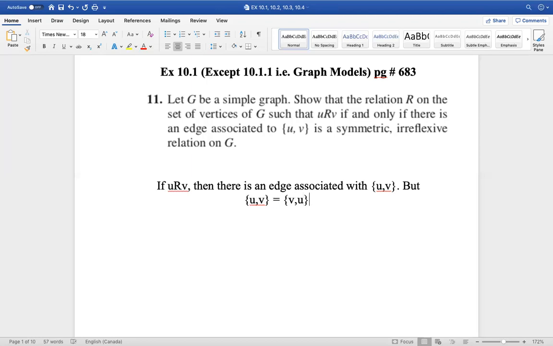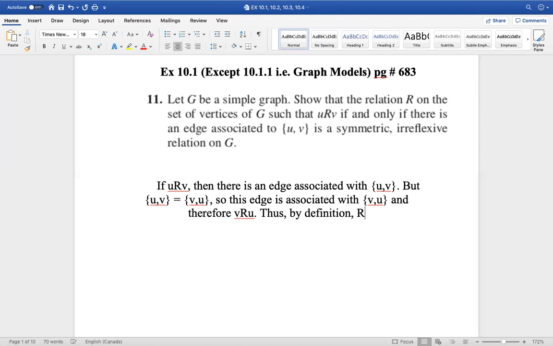So this edge is associated with VU. And therefore we also have the reverse relation, which is V R U. Thus by definition, R is a symmetric relation because we can write it the other way around as well. R is a symmetric relation, okay?